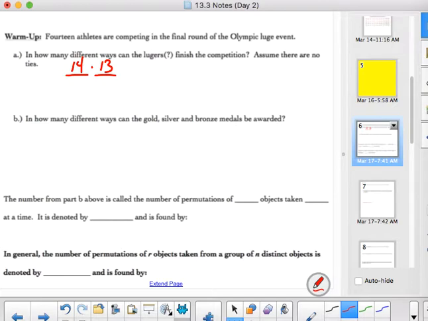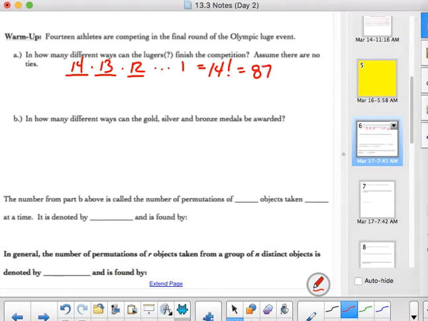After we've filled the first two spots, now there are only 12 people to fill the third place spot. And that continues on and on until we get down to 1. And of course, we can shorthand that by saying 14 factorial. And if you punch that into your calculator, you get some ridiculously large number.